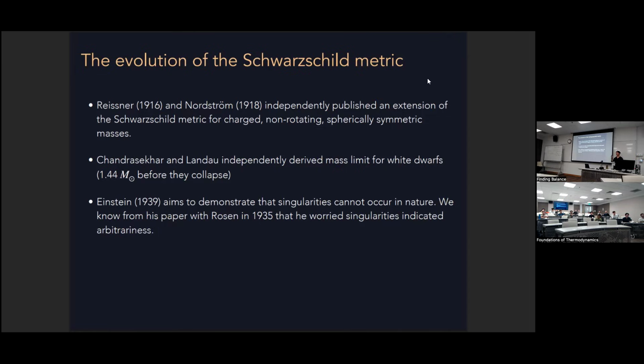So we get a similar kind of thing to his discussion of coordinate artifacts. And then we have Oppenheimer and Snyder in 1939 predicting occurrence of the central singularity. And here's where we get to the origins of what will be taken up as black holes later.